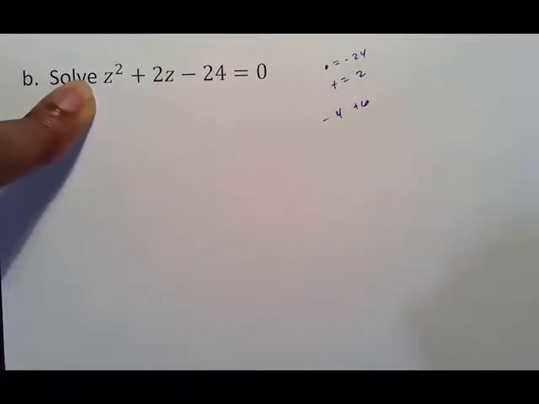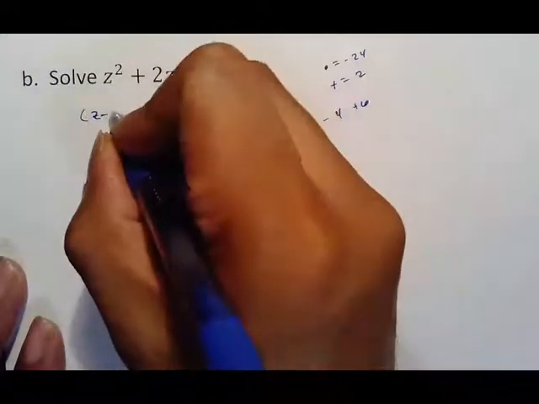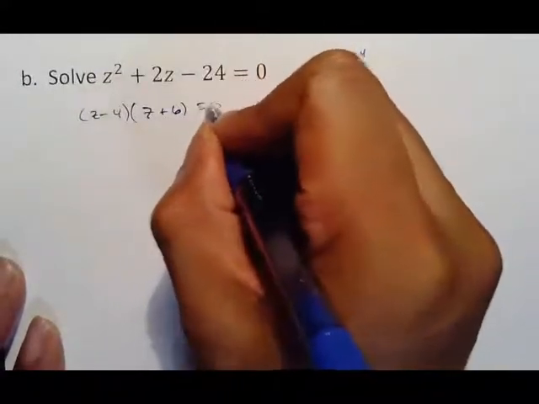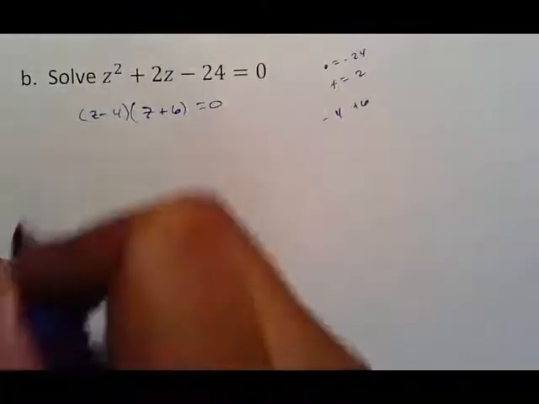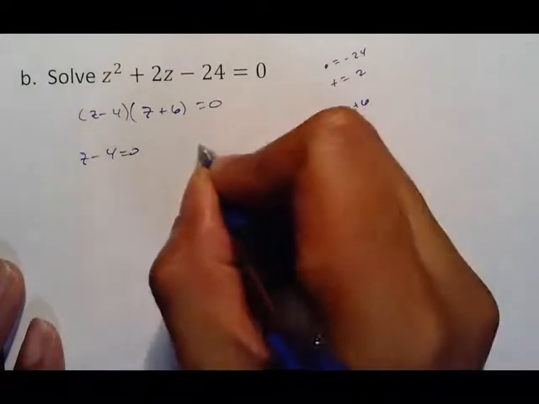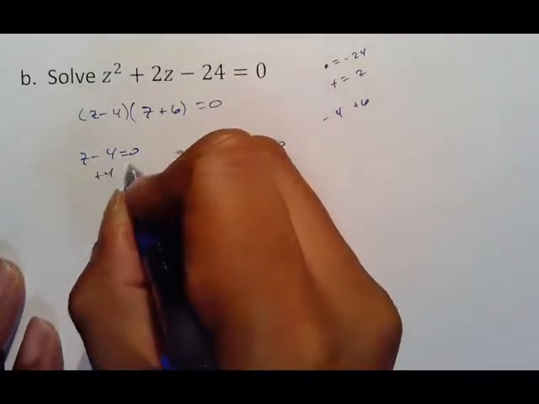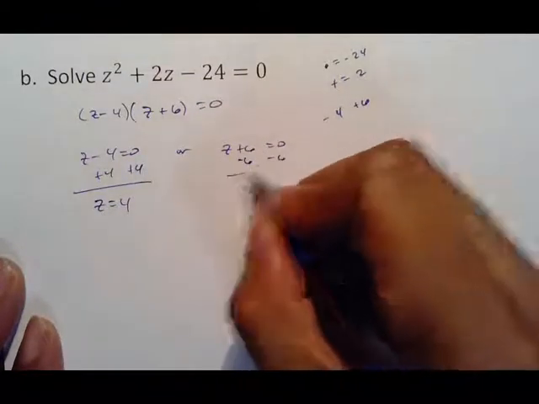Again, there is nothing attached to the z, which means we can use the observation shortcut, which again is not really a shortcut. It's an observation that every time you do that, those numbers just end up there anyway. And then of course now you do z minus 4 equals 0 or z plus 6 equals 0 and solve as usual.